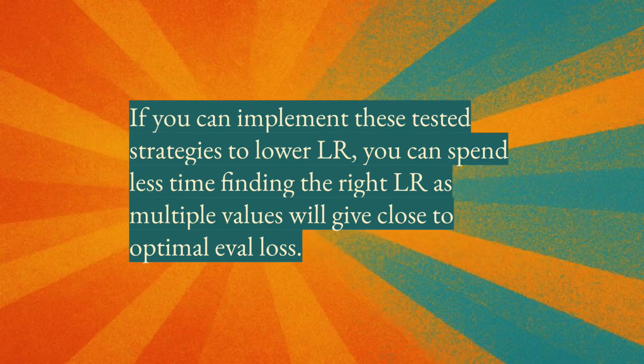And then the second thing is that if you can implement these tested strategies to lower the learning rate sensitivity, you can spend less time finding the right learning rate, as multiple values will give you close enough to optimal eval loss.